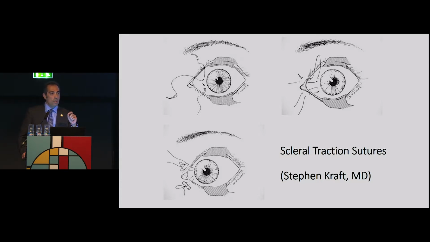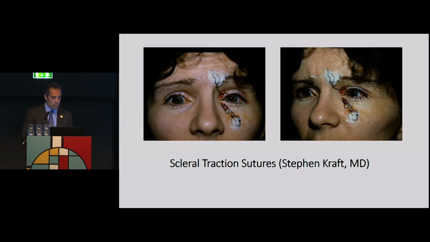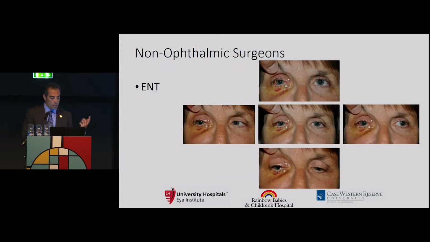The problem with these cases is that these are not typical muscle injuries, and you have a lot of inflammation in the scar tissue, and they tend to freeze in a position. So just a tip, remembering how he did that, we did the same thing in our case. Obviously, there are a lot of ways to fix this, but if you're going to do this type of traction suture, I would advise you to do this early on, in the first few days, if you can get to it.